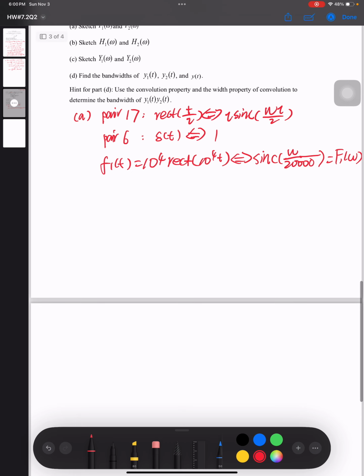And for f2(t), which is delta(t), the Fourier transform is 1, which is F2(omega).